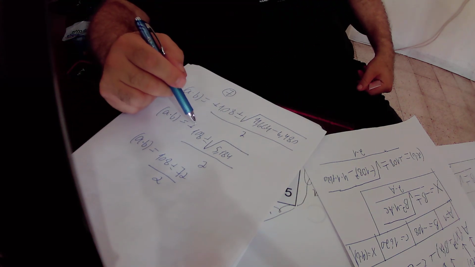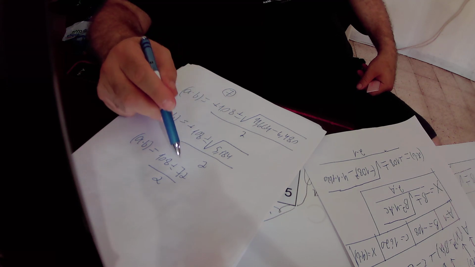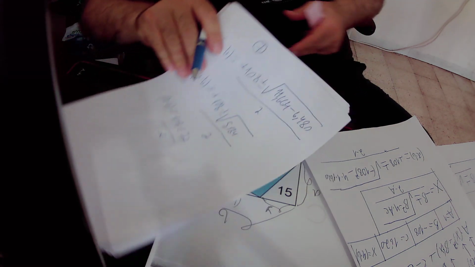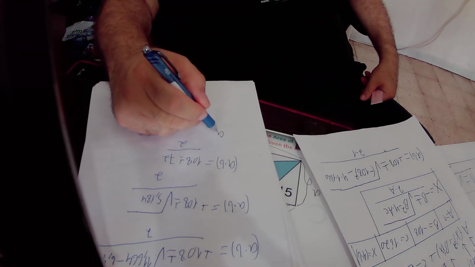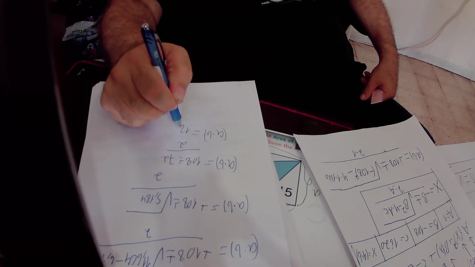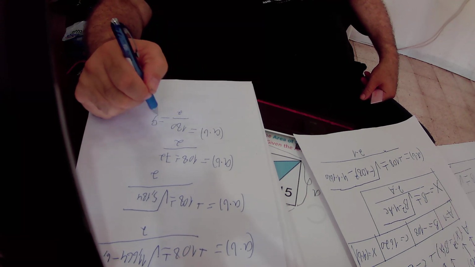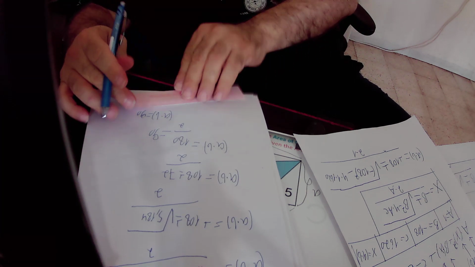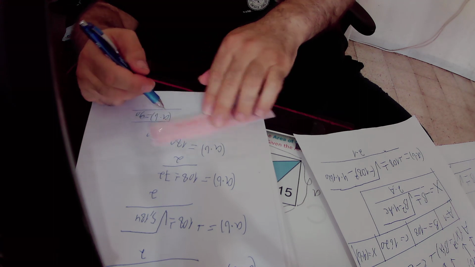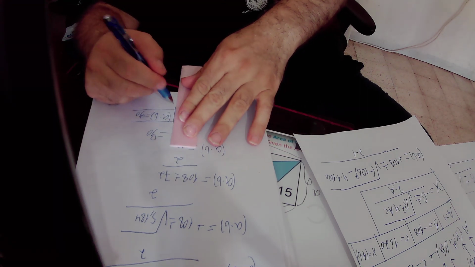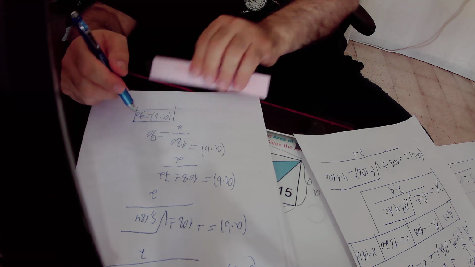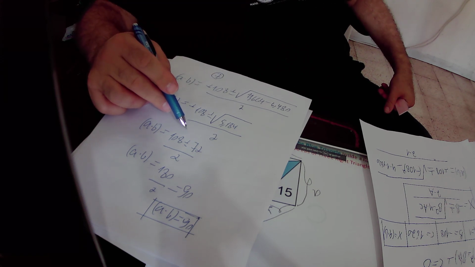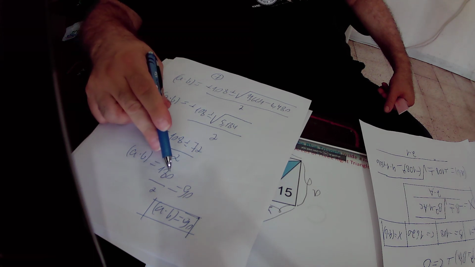So, as I told you, the root of 5,184 is 72, so we have 108 plus 72 equals 180, and 180 divided by 2 equals 90.